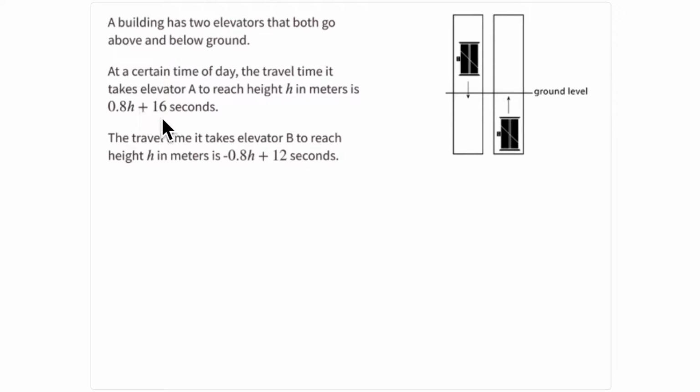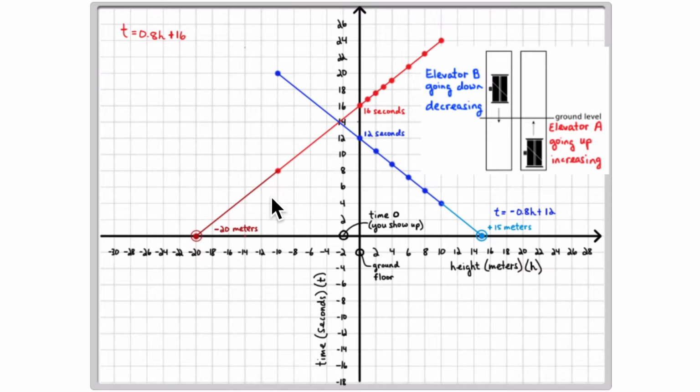But because this is written in terms of height, it's a little bit hard for me anyway, to explain and to understand. But here's one set of graphs where height is on the horizontal or the x-axis. So height is called the independent variable. You put in a certain number of meters, a height, and you figure out how much time it takes to get to that height.